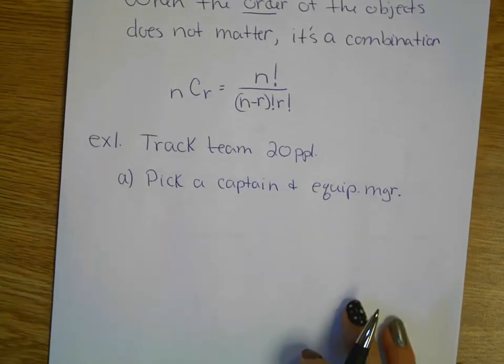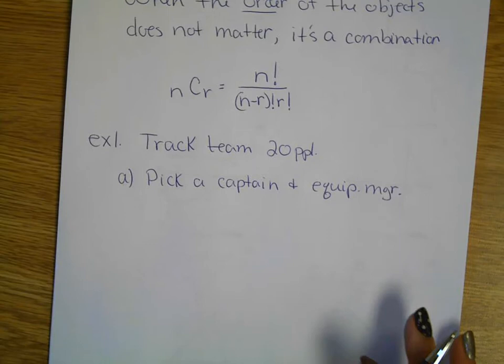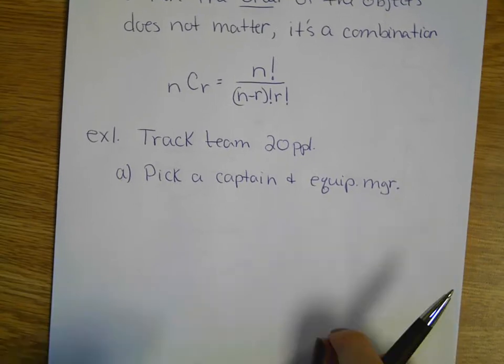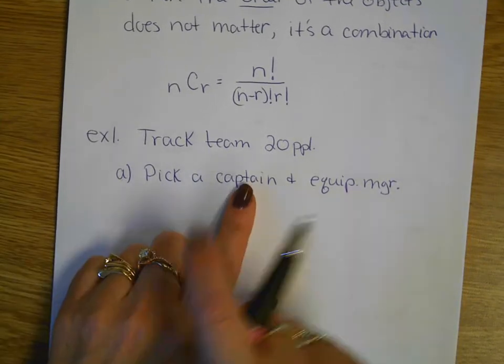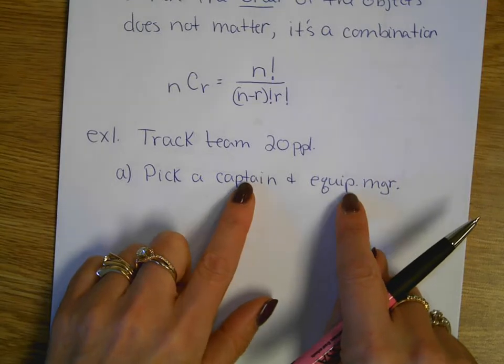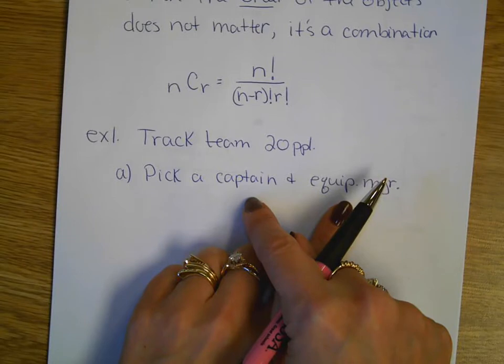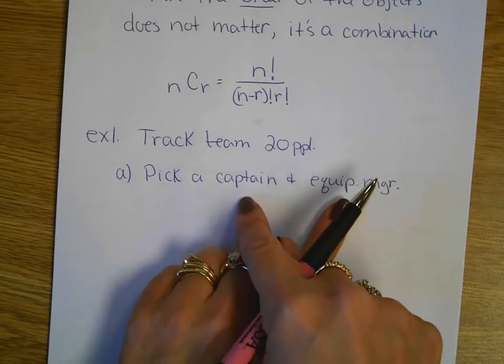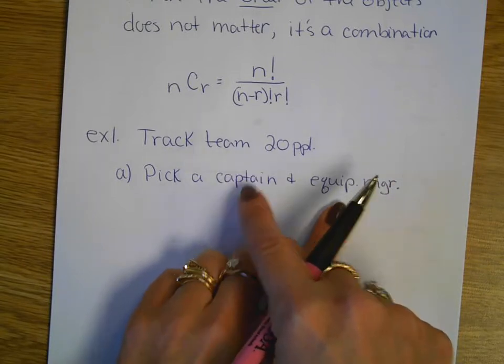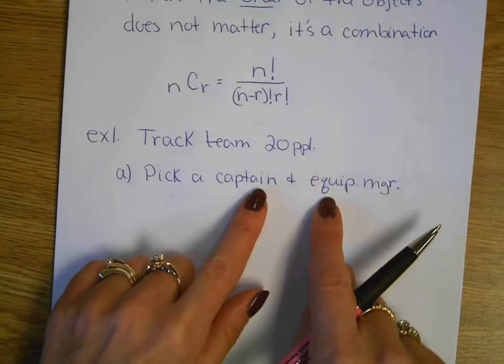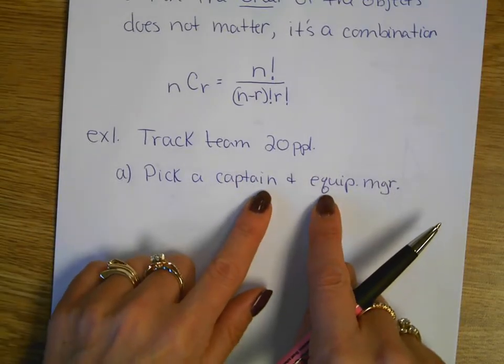Okay, so captain and equipment manager. Does the order matter here? So, for instance, if I pick Jake to be the captain and Dan to be the equipment manager, if I switch them around, is that a new outcome? Well, it absolutely is. Dan's now the captain and Jake's the equipment manager, so that is something brand new with the same two people. So this is not a combination, this is a permutation.